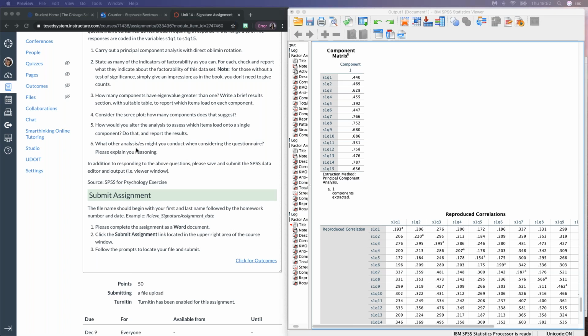If we had done that, we would have been able to consider the covariance between variables as opposed to the variance as found in the principal component analysis. You can get that from reading the textbook. Also, you could do a reliability analysis. If you do a reliability analysis, let's see.